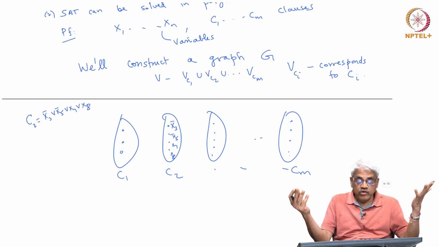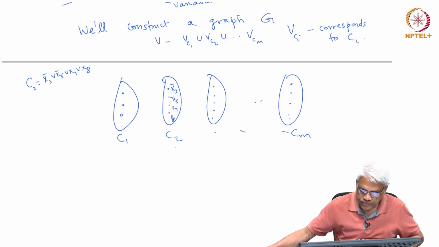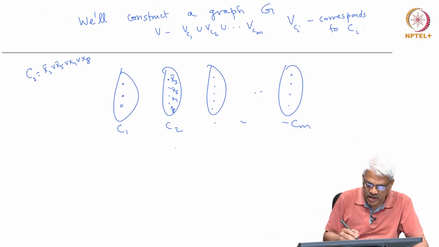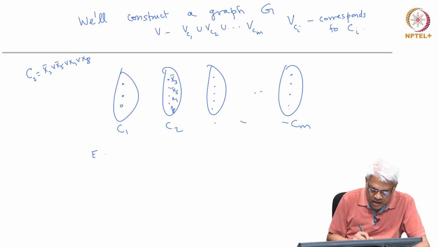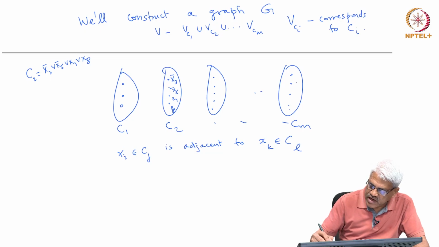Now, I am going to tell you the edge set E. I have some xi in Cj adjacent to some xk in Cl.